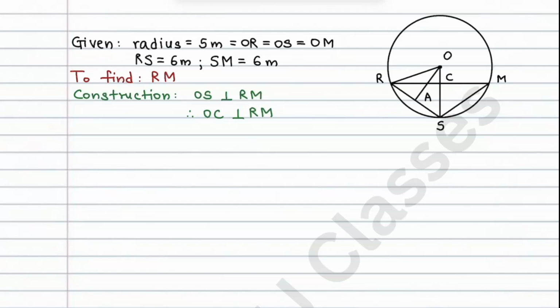And the second construction is OA is perpendicular to RS, dropping a perpendicular from the center of the circle on RS, on the chord RS. So let us begin.